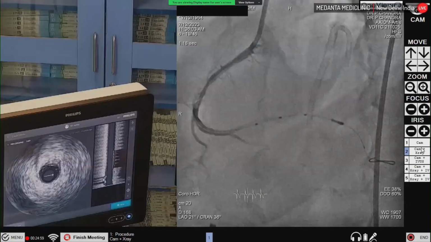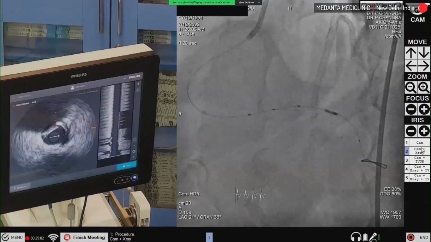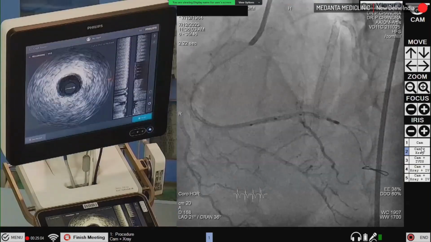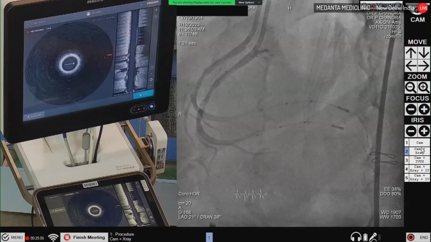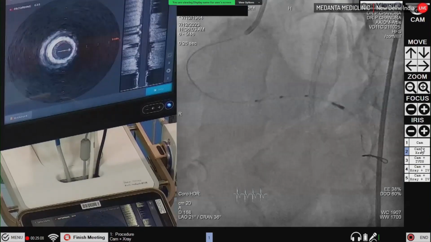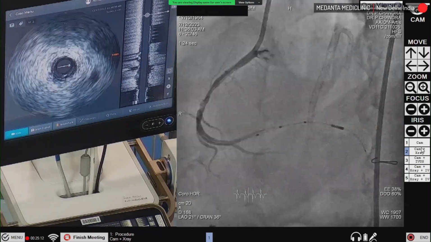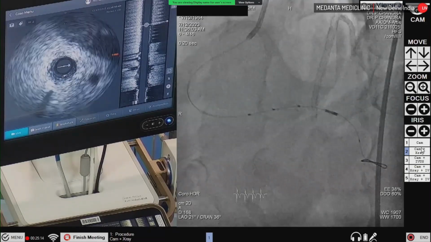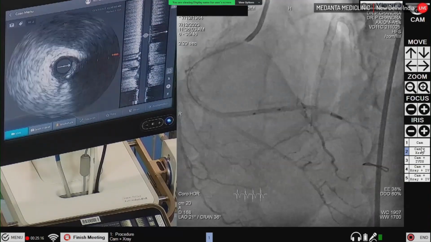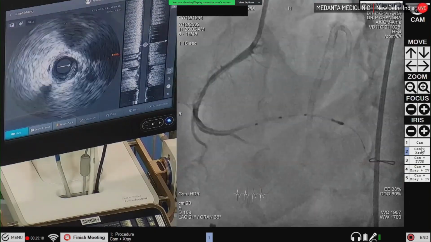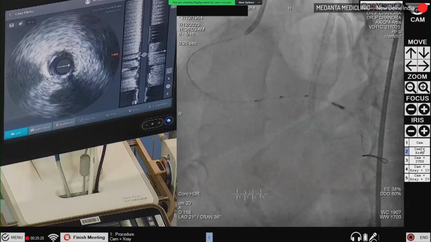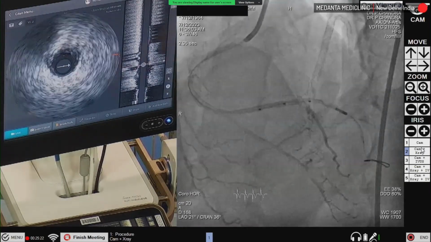And we might have to do a cutting balloon with it too, because there is a fibrocalcific area. So give me a cutting with two, please. So we'll take a Wolverine 2 millimeter. So what do you have? 210, 215.